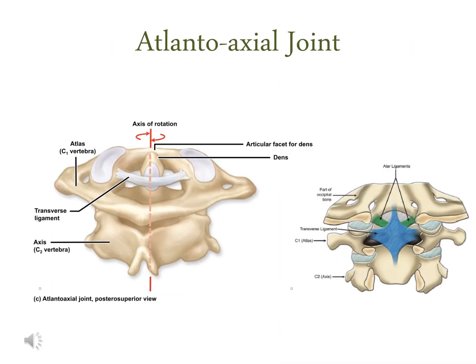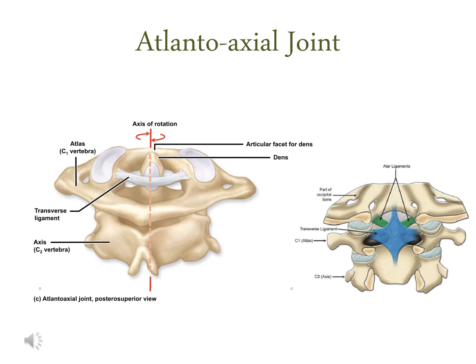First, we start cranially with the atlantoaxial joint, which is a pivot type joint, and it's a typical joint between the vertebrae, where the axis, which is C2, has an upward extension called the odontoid process or dens, and this process articulates with the anterior part of the cavity of C1, the atlas vertebra, which also is a typical cervical vertebra.